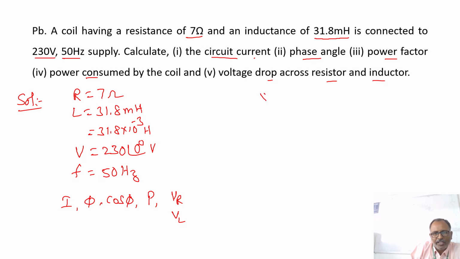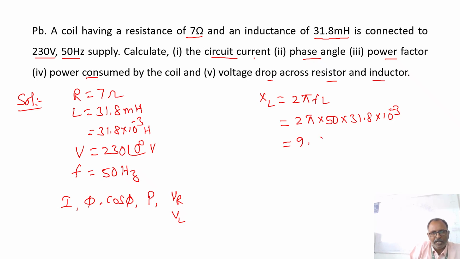For that, let's find out leakage reactance first. XL is given by 2 pi FL, 2 into pi into frequency 50 and inductance 31.8 into 10 power minus 3. So we are going to get around 9.99 ohms, approximately equal to 10 ohms.